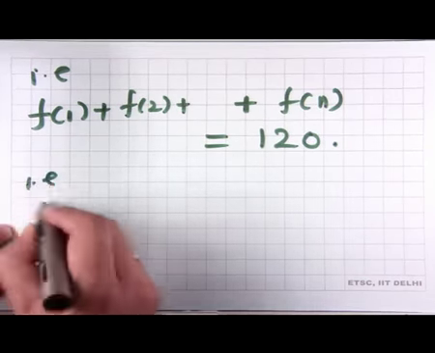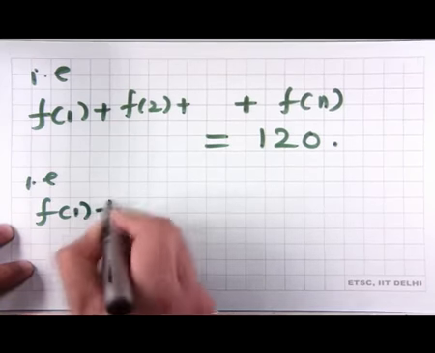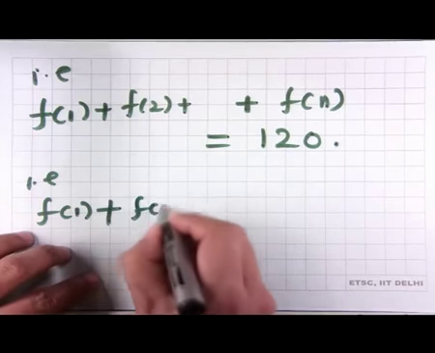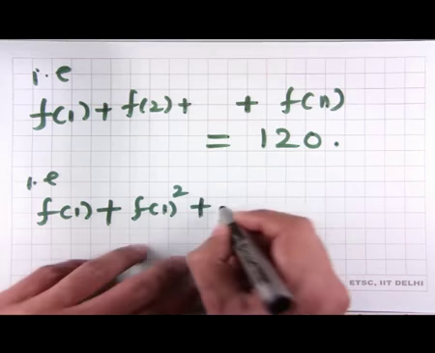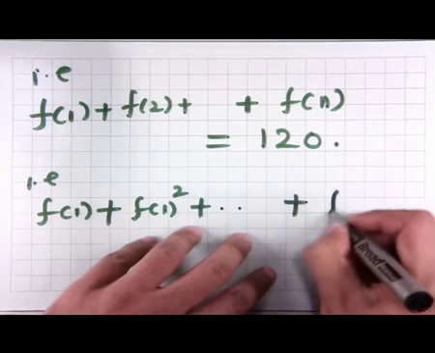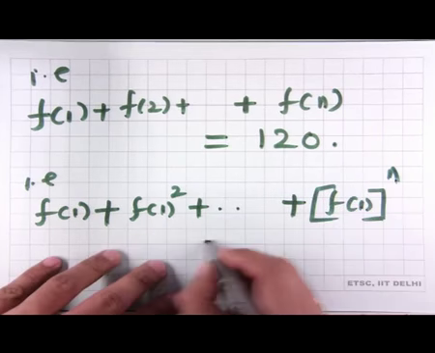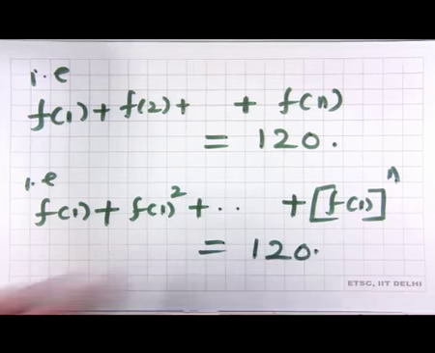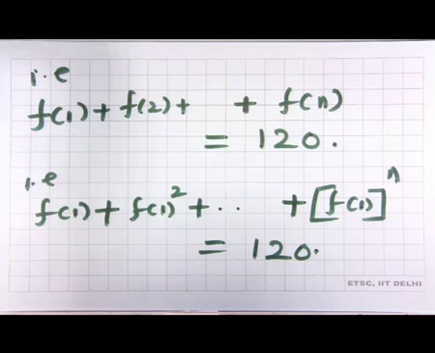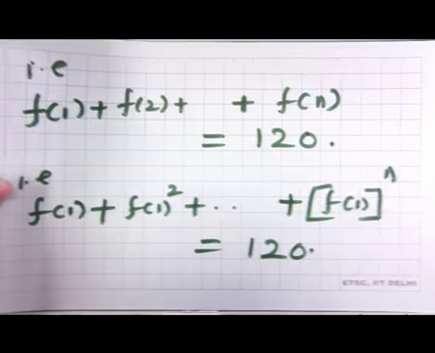That is, f of 1 plus f of 2 plus etc. plus f of n is f of 1 power n, which is 120. The value of f at 1 is given to be 3.